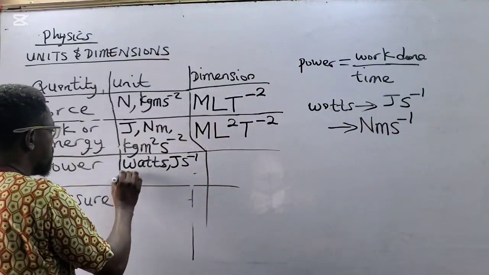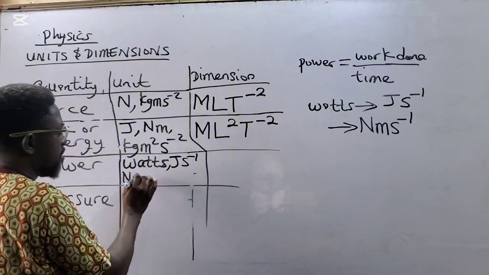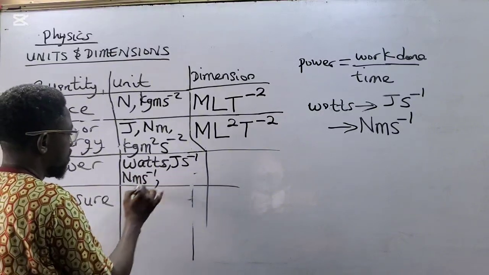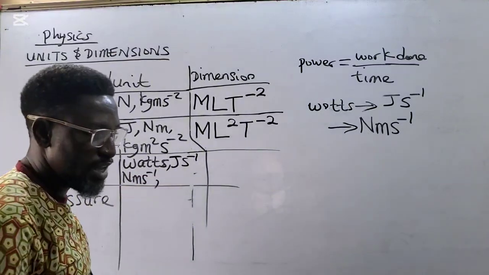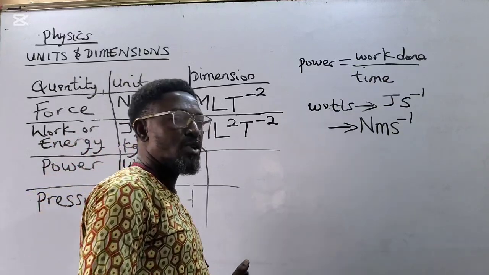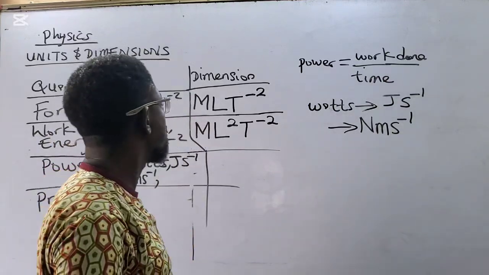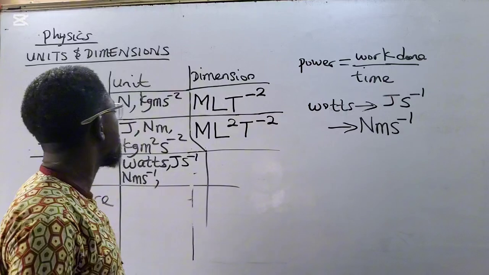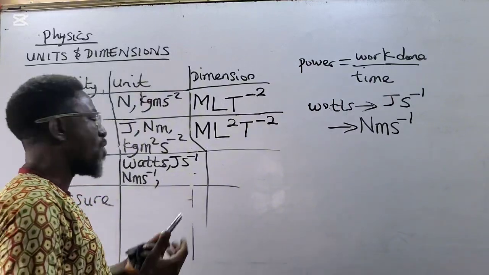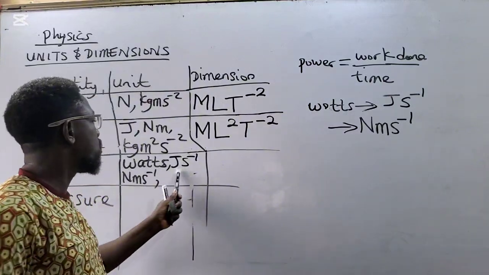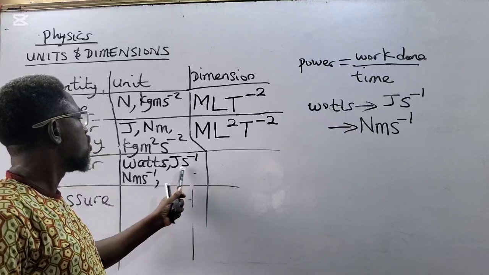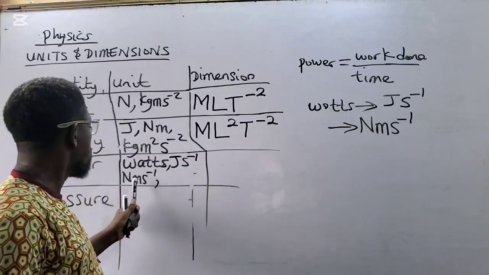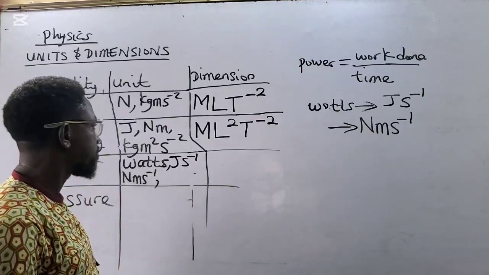You need to know all these equivalent units, because they may not ask you to get the dimension, they may just ask you for the equivalent unit to the watts. It is joules per second, or the Newton meter per second.